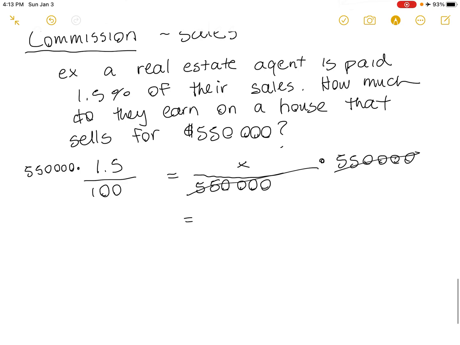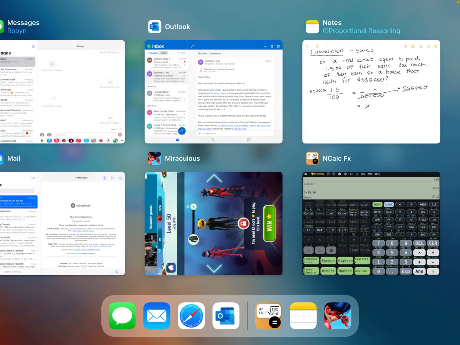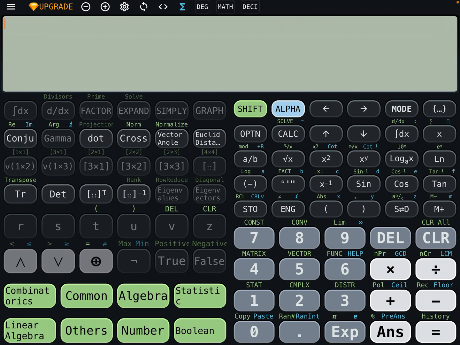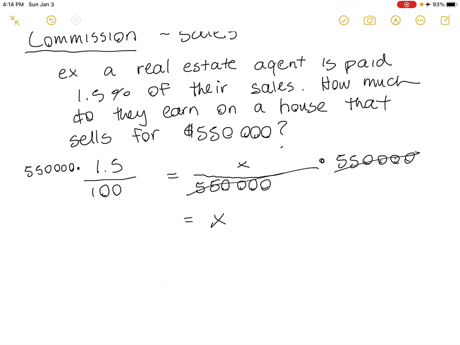Okay, so these are going to cancel, and we get x equals 550,000 times 1.5 divided by 100. So I'll do that quickly. 550 with 3 zeros times 1.5 equals, and then divided by 100. So they would earn $8,250.